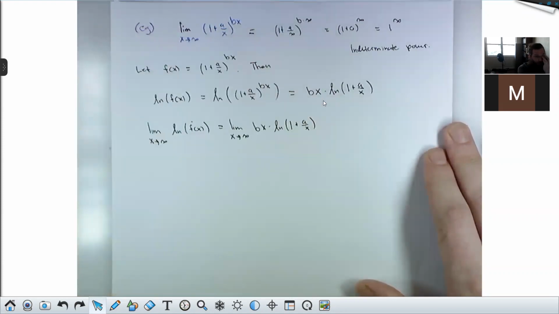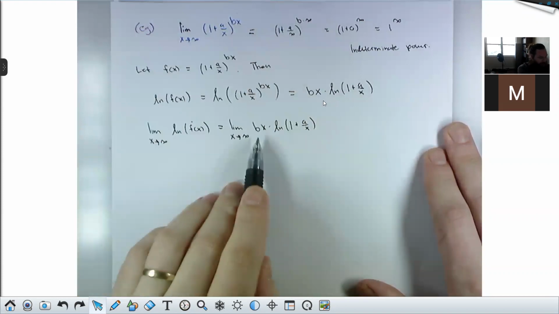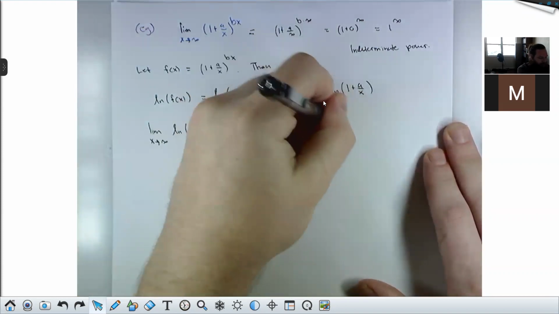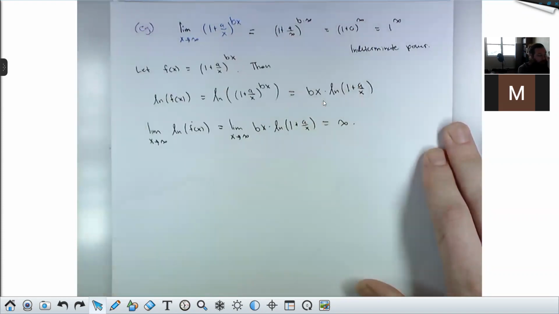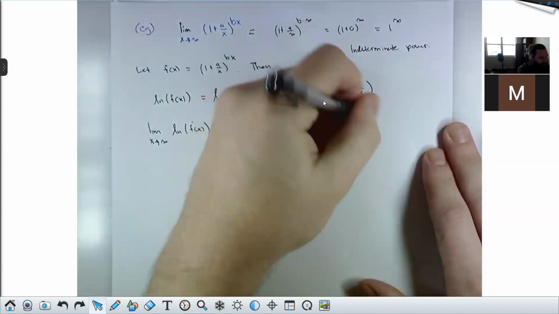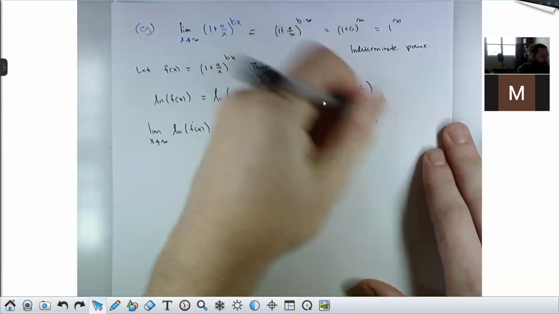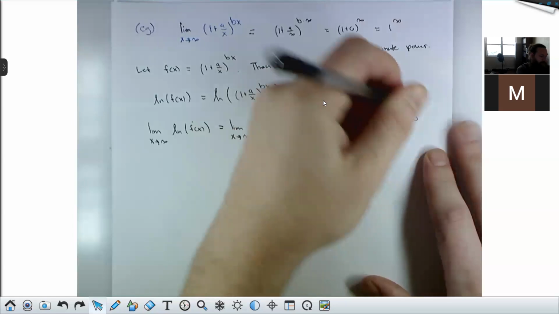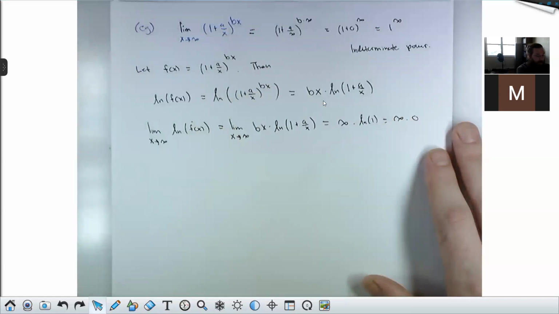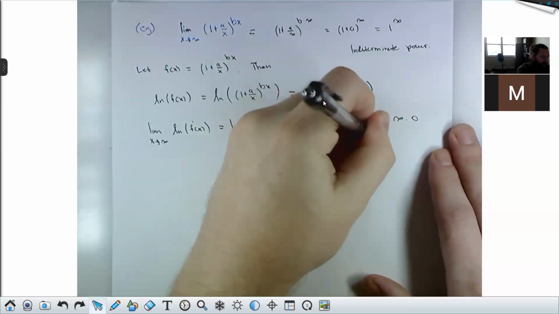This piece b times x is still going to infinity. And this piece, 1 plus a over x, is still going to 1. So this is infinity times the natural log of 1. But the natural log of 1 is 0. So this is infinity times 0. And that's an indeterminate product.